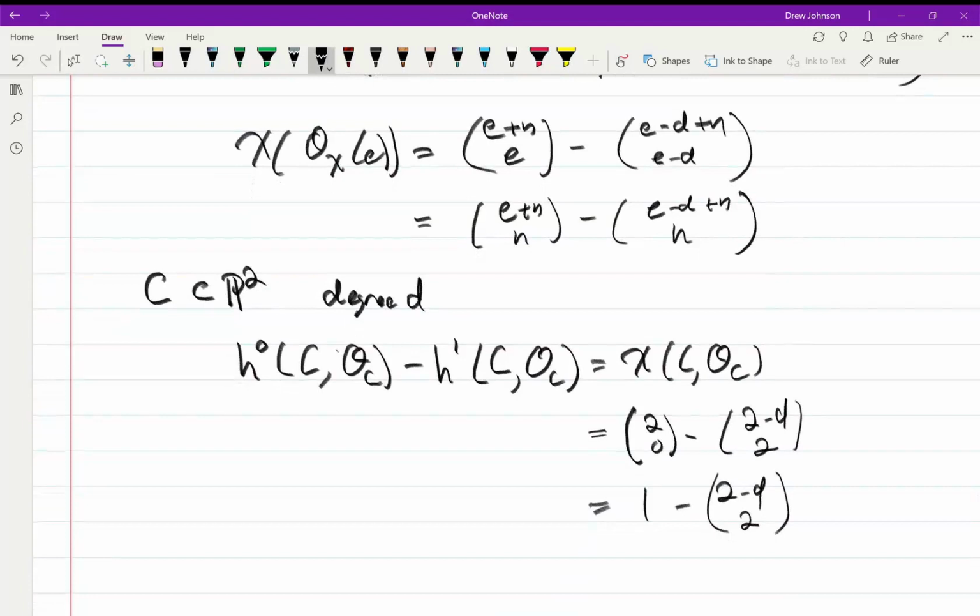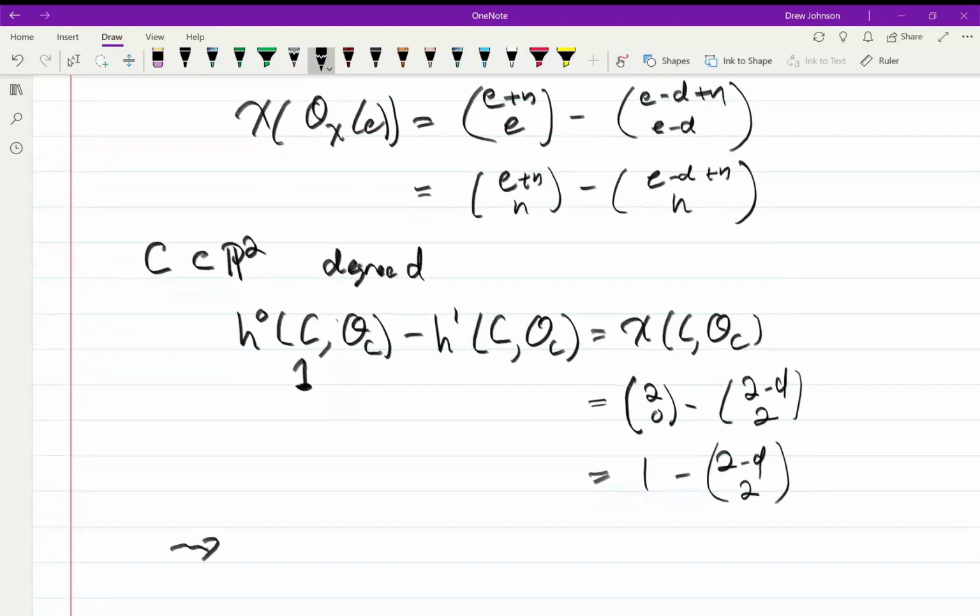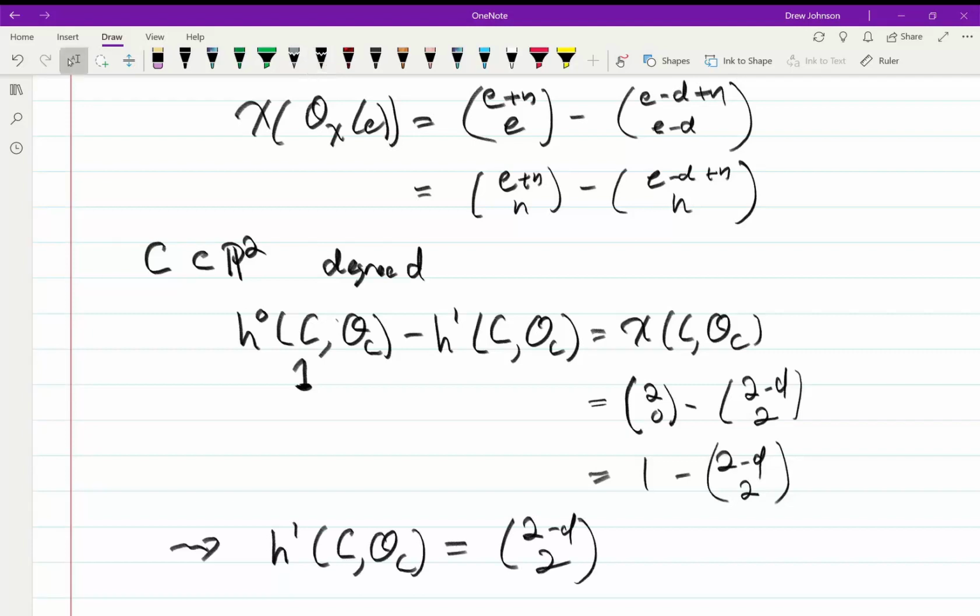Okay, the other thing we know is that, remember, the space of sections of the structure sheaf on a connected projective variety will just be of dimension 1. So this will be 1 here. So this is going to tell us that H^1(C, O_C) is equal to (d-1 choose 2), which you can write as (d-1)(d-2)/2.